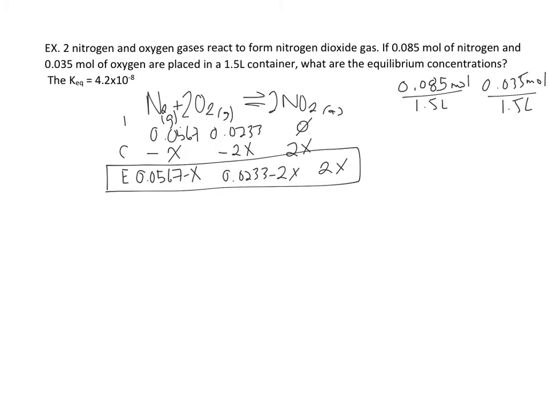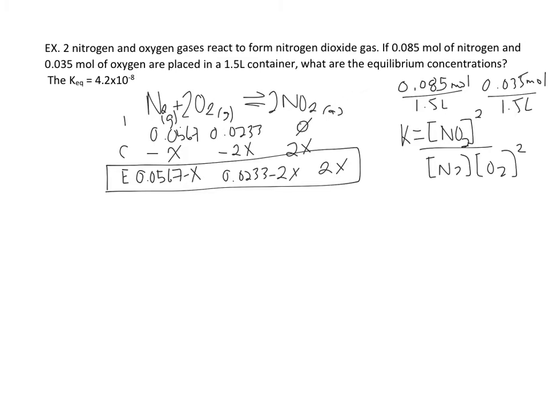Now let's put those into our K expression. So K is going to be equal to the concentration of nitrogen dioxide to the second order over nitrogen to the first order, oxygen to the second order. All right, so always write out your K expression before putting in the numbers, and then put your numbers in.